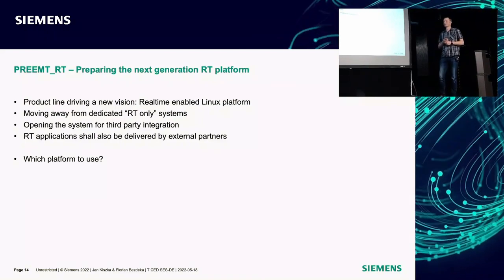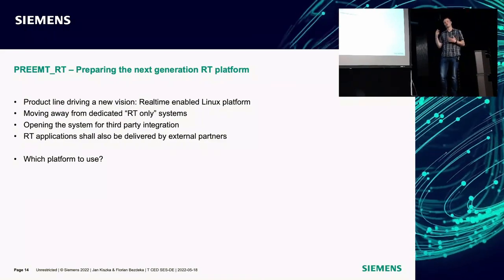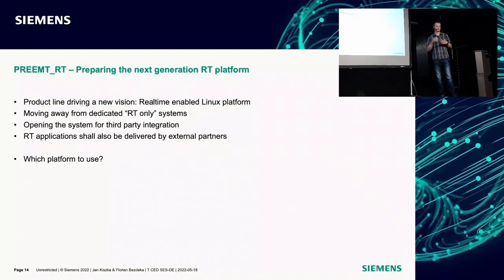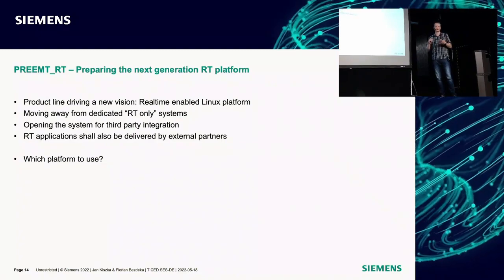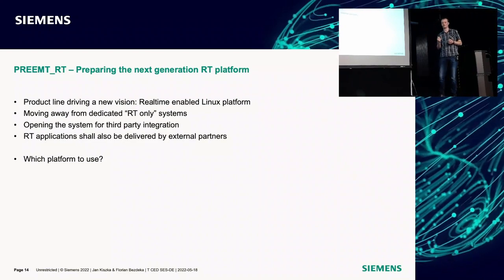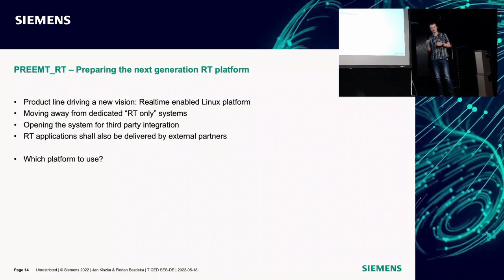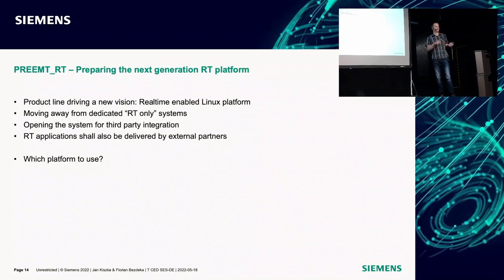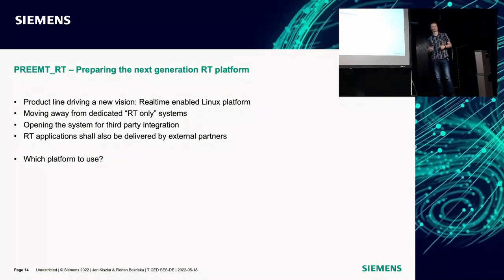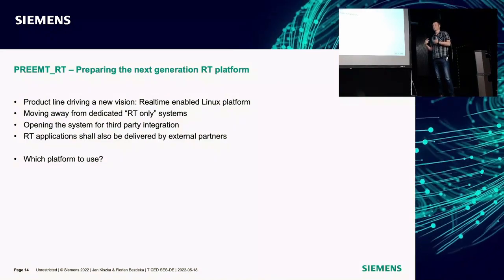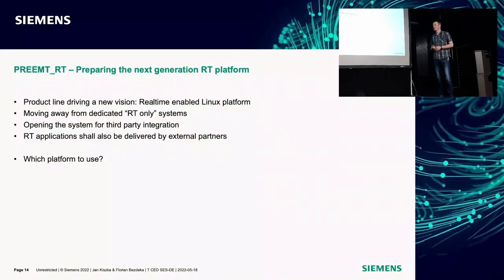And already think of openness. Traditional real-time systems are quite closed, so you have one or a well-known set of real-time applications that you operate on your device, and now the customer is slowly switching to, hey, what if a third party could provide such an application, and we could run and execute it on our device next to our delivered real-time applications.